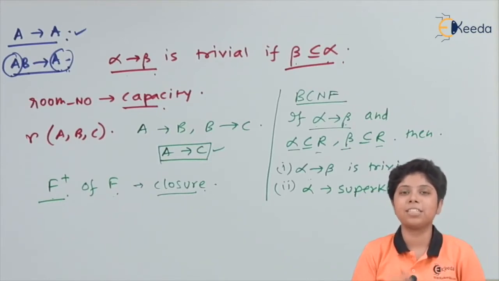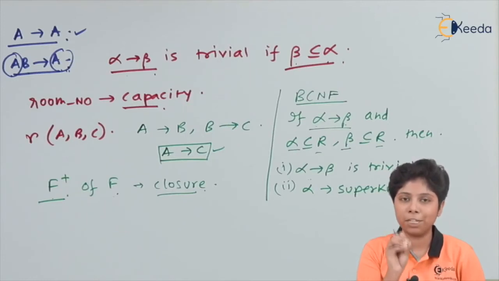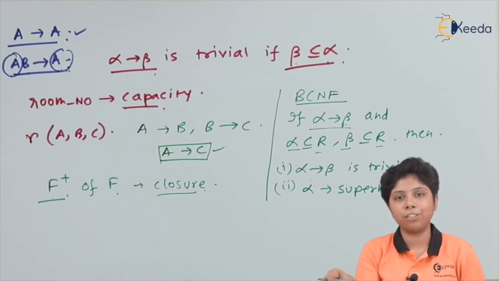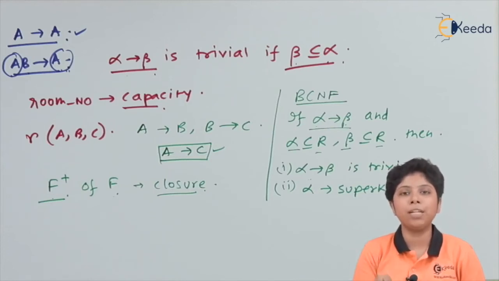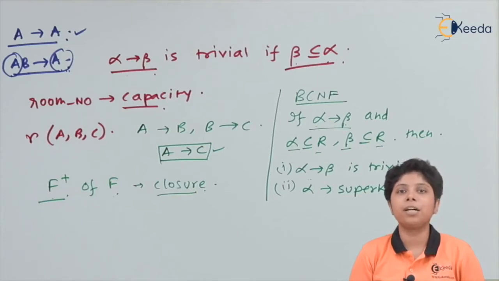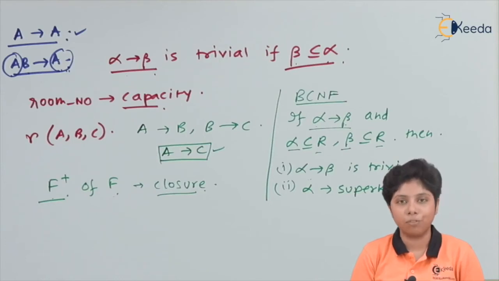That means there exists only one or a combination of more than one attributes which defines the other attributes because it uniquely identifies the relation. So there exists only the super key concept in BCNF. Other than that, no functional dependencies are preserved in BCNF because every other dependency is trivial.